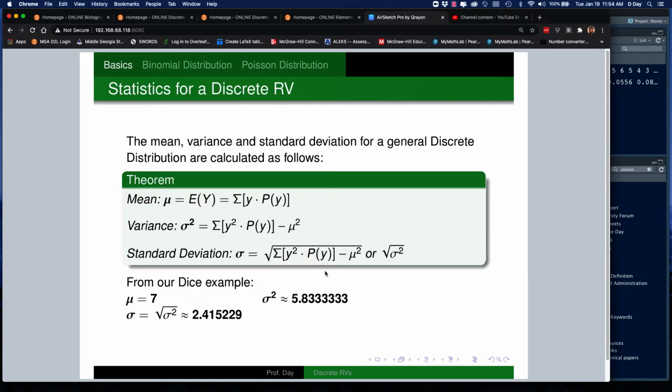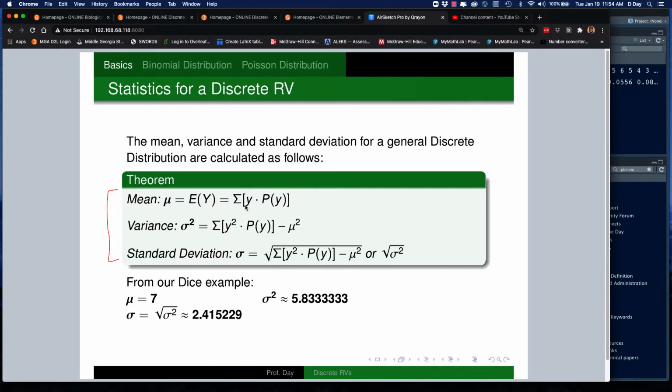Okay. So some more about discrete random variables in general. These formulas here are the ones you use if you have that sample distribution, that distribution table like we looked at a minute ago. This is how you would calculate the mean, the variance, and the standard deviations of these things. I'm going to do the mean in R for you real quick just to show you.